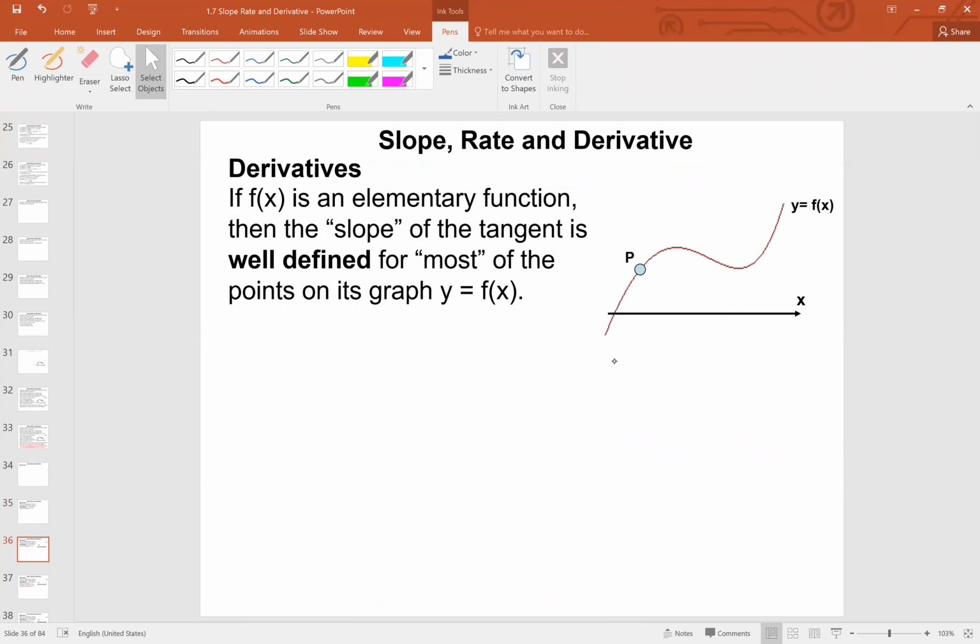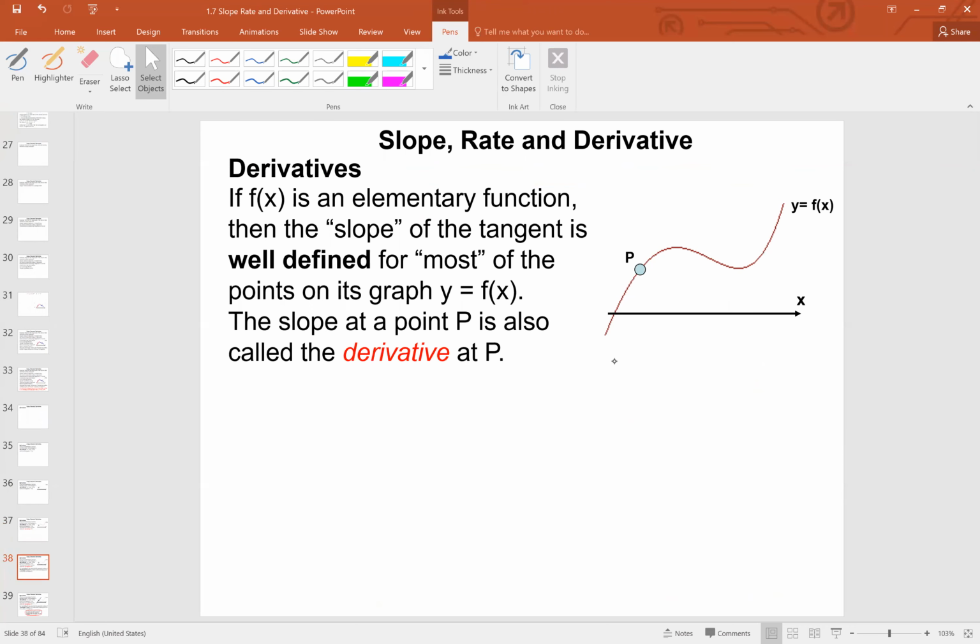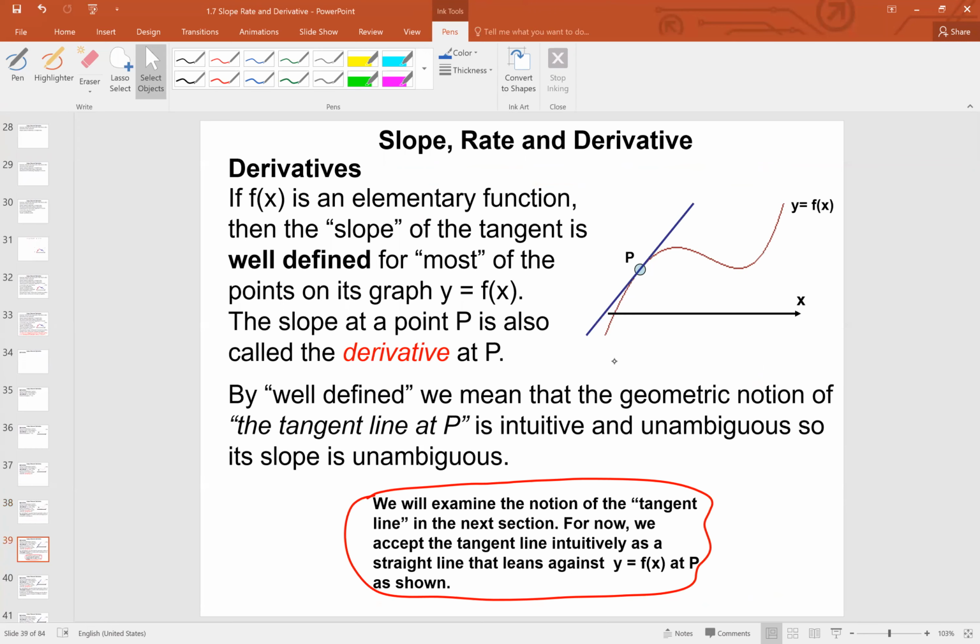For most of the elementary functions we have, we can do this procedure. That is, there will be a well-defined tangent line for points on the graphs of elementary functions at most points, and this tangent line at point P has a slope. We call that slope the derivative at P.